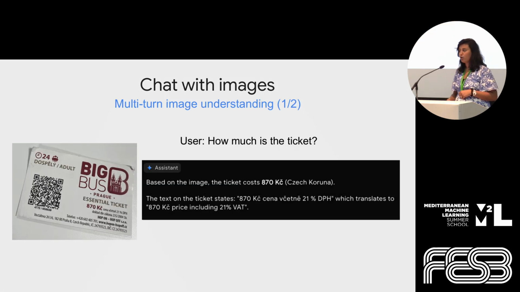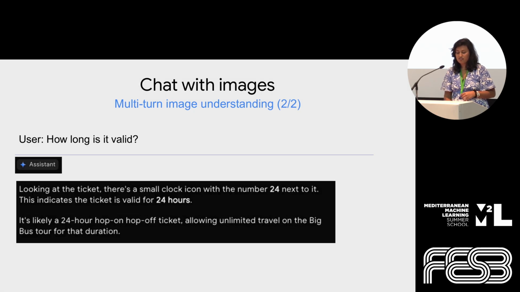And then a more high-level reasoning task: I went to Prague this year for New Year's, and I had the ticket, so I tried seeing how good the model was at it. Basically, how much does this cost, and how long is the ticket valid.